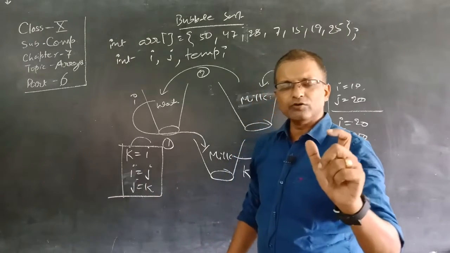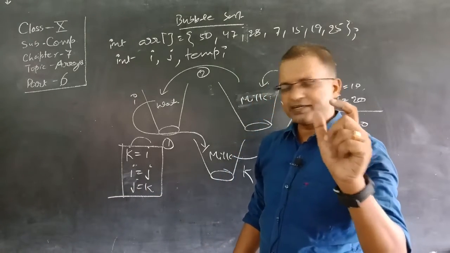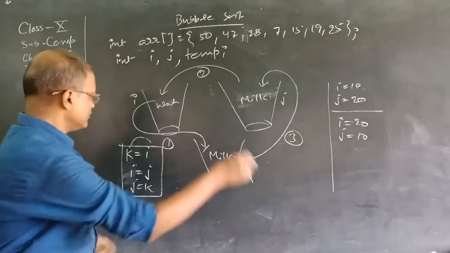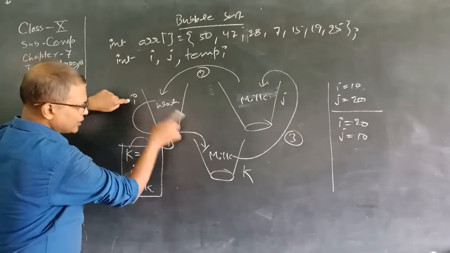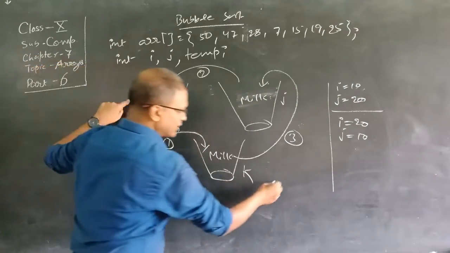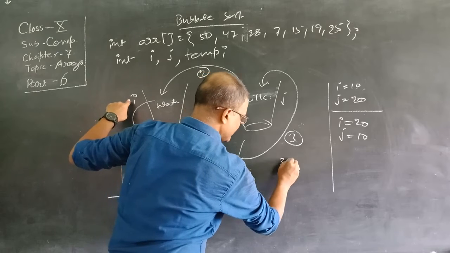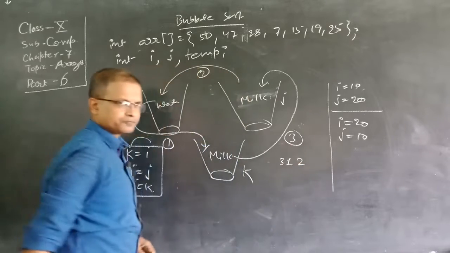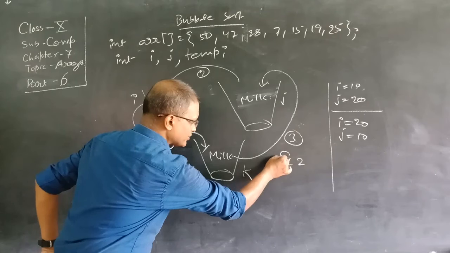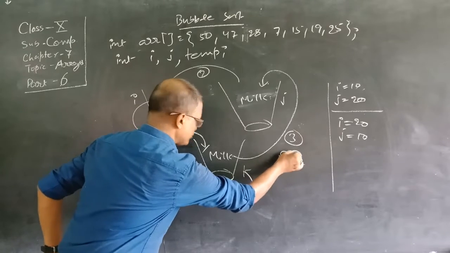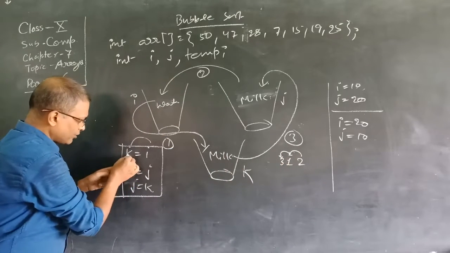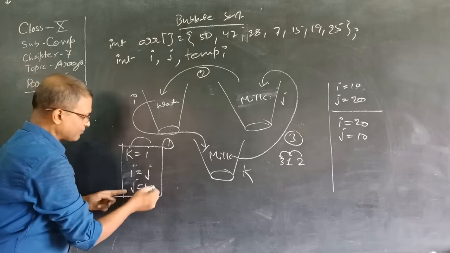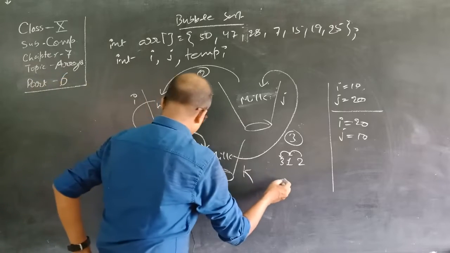Now I am going to give you a simple trick. What we did here: first value has been assigned to the third, second value to the first, and finally third value to the second.